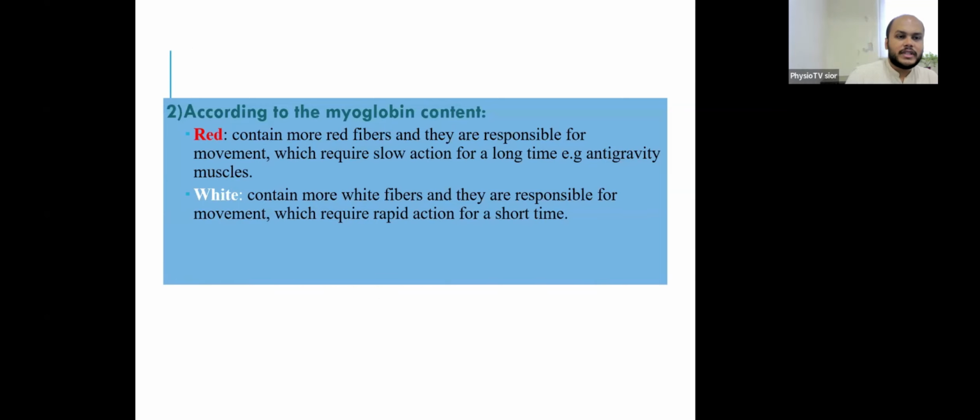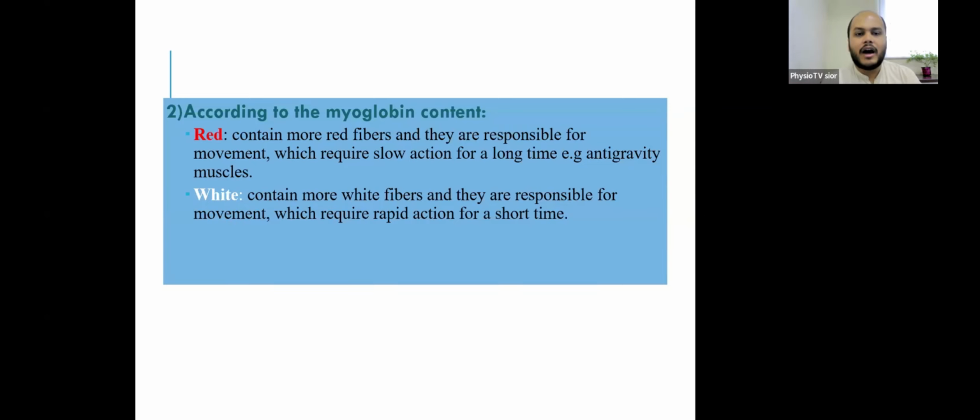Now, predominantly, it is basically divided into red and white fibers. Red is something that contains more red fibers, which are responsible for the movement and which are basically required for slow action, which can be prolonged for a long amount of time. So these are basically your anti-gravity muscles.